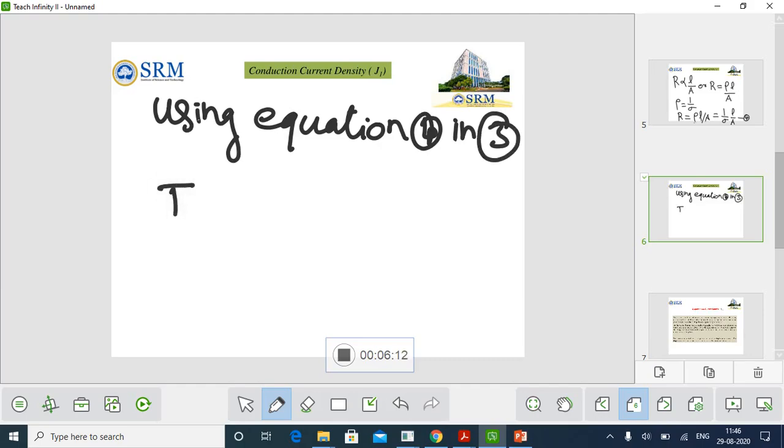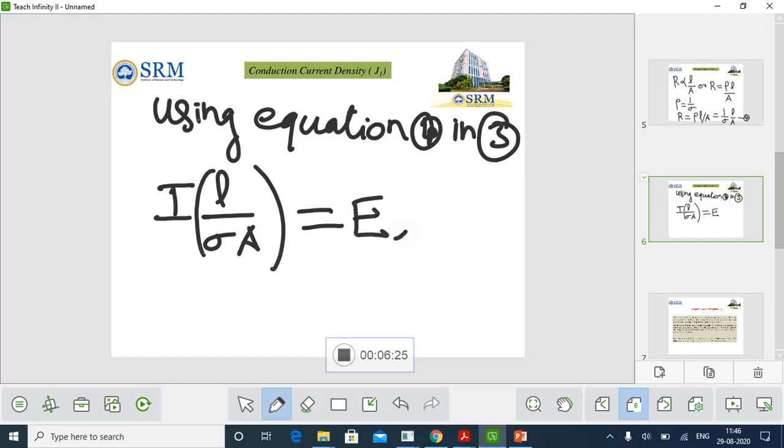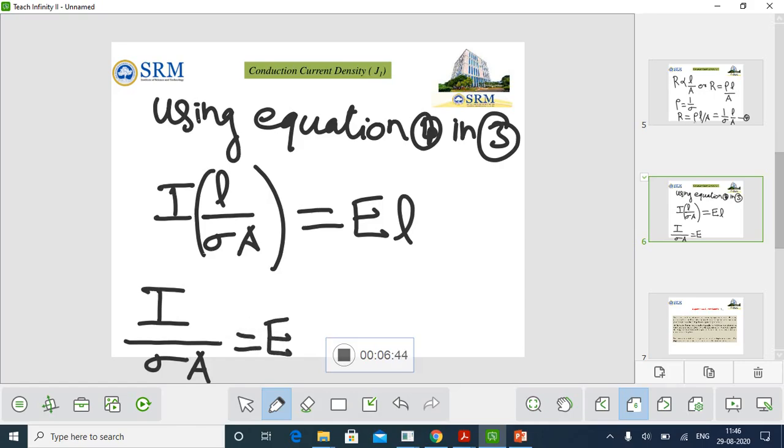I into L divided by sigma into A will be equal to E L. Cancelling L on both sides, I divided by sigma into A will be equal to E. We know that the value of I by A is called what? Current density.